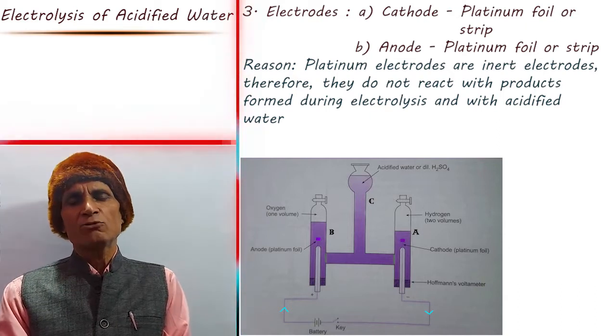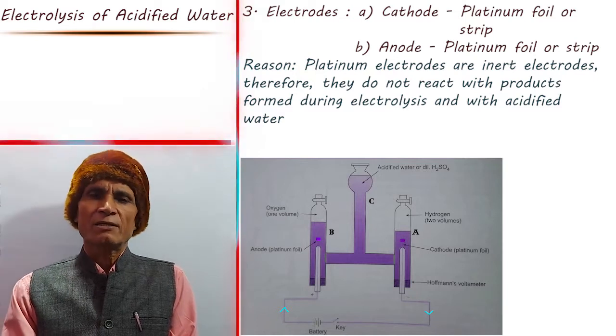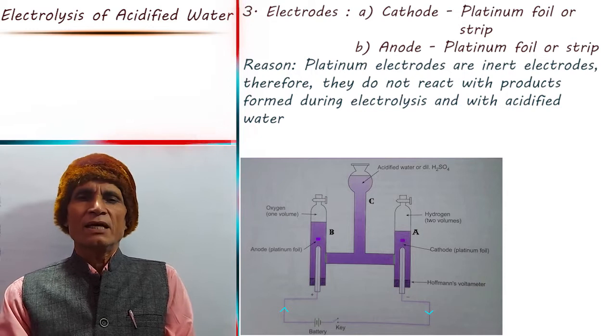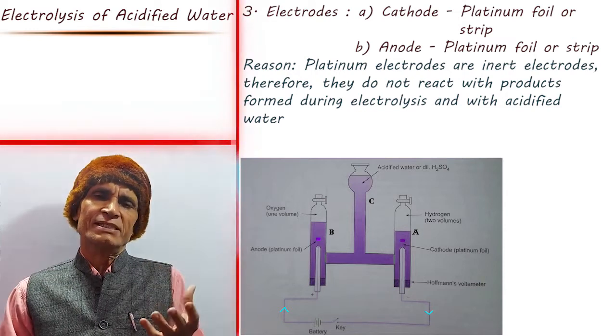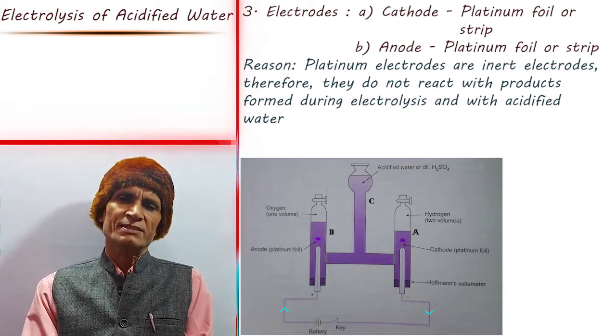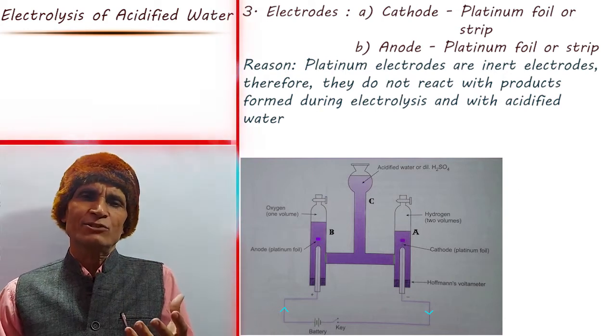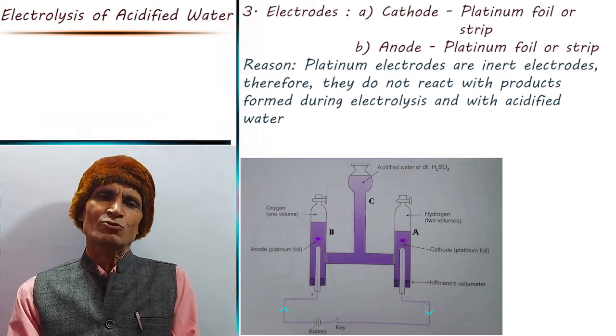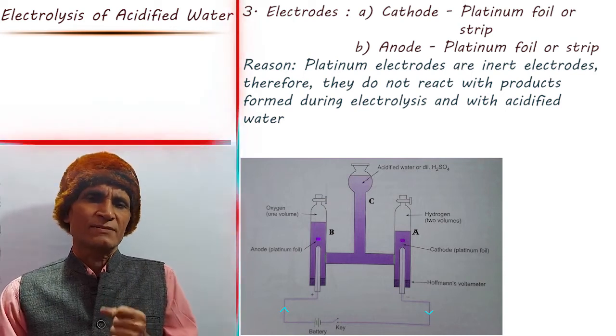Because dilute sulfuric acid is an almost non-volatile acid, but other acids like hydrochloric acid and nitric acid are volatile acids. And if nitric acid is used, then nitrate ions interfere with this process of electrolysis.